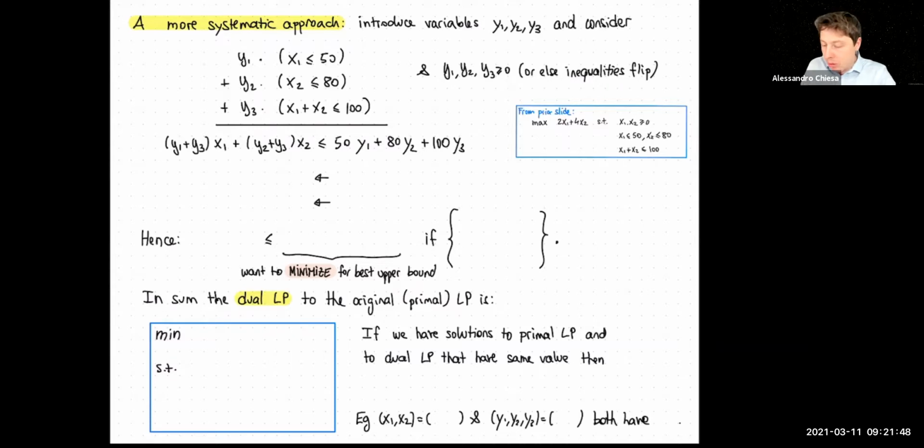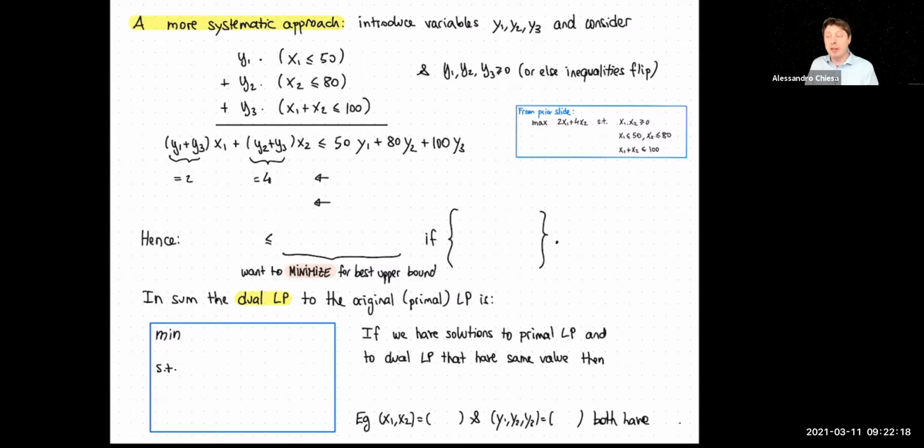Now, our goal was for the left-hand side to represent our objective function, which, remember, I have copied it here, was 2x1 plus 4x2, right? So whatever y1, y2, and y3 are, I would like them to be such that this sum equals 2 and this sum equals 4, right?